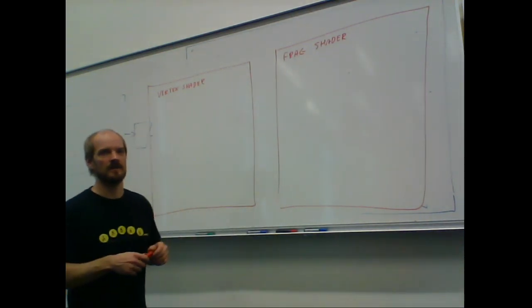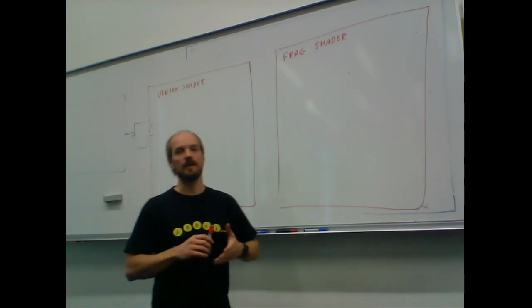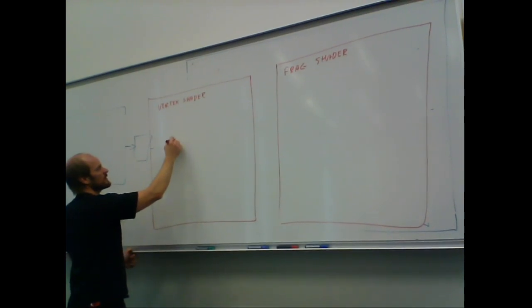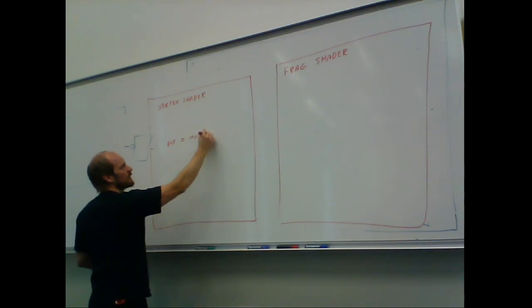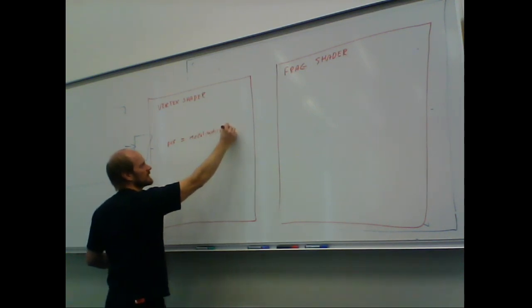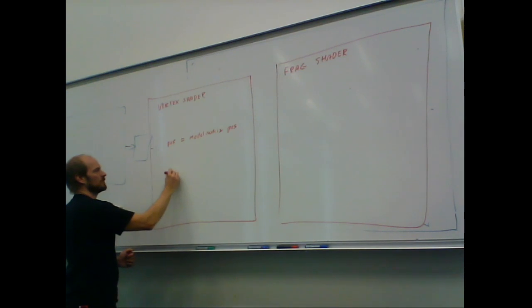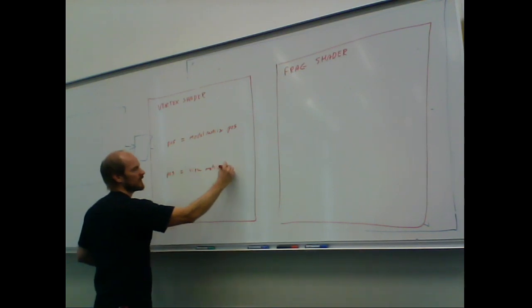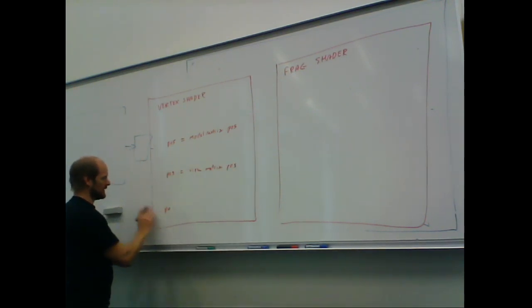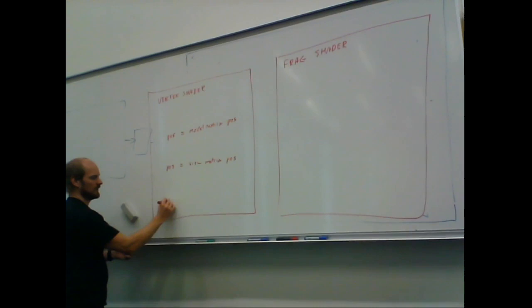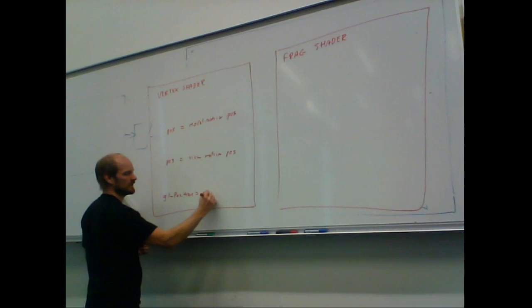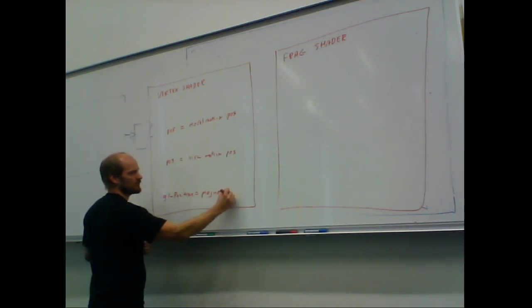I calculated distance in the vertex shader as a varying. Okay, so we have the distance in the vertex shader. Let's say we have something, something, something, then we have position equals the model matrix times the position, then position equals view matrix times position, and finally we can just say gl_Position equals the projection matrix times position.